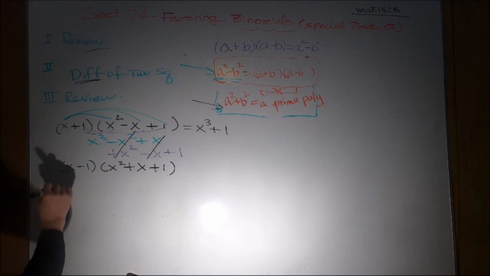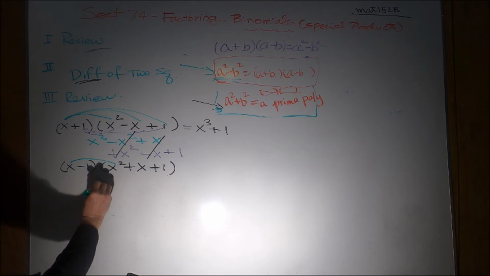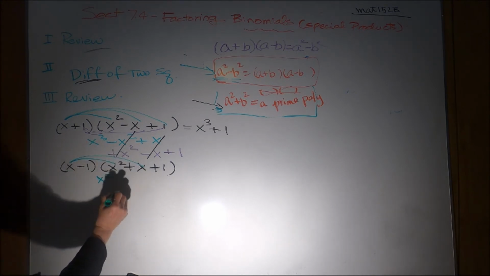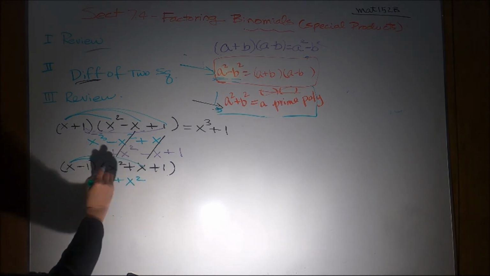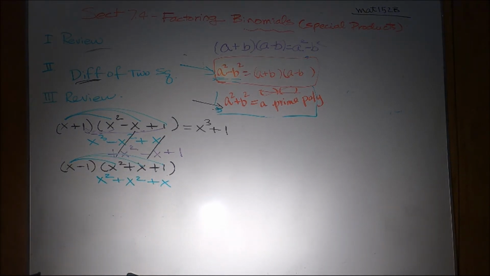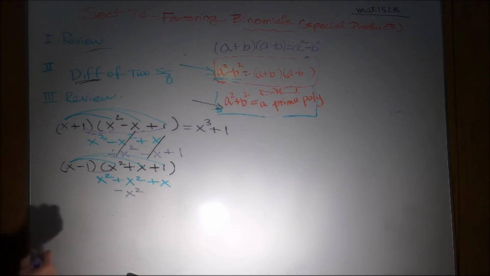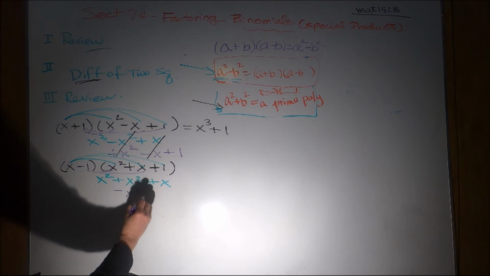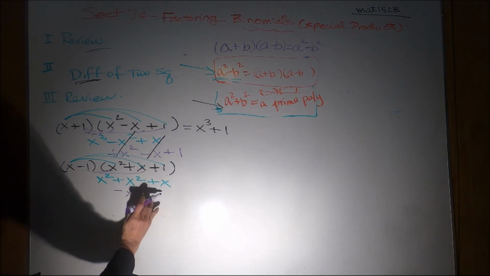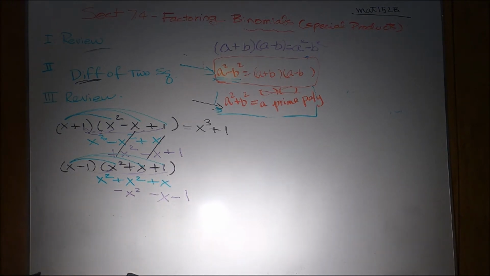For this one, what do we have? Same thing, x squared, this one plus x squared, this one plus x, right? The bottom, this one becomes what? Minus x squared. This one minus x. And last one minus 1.